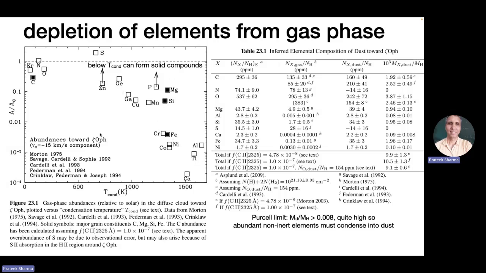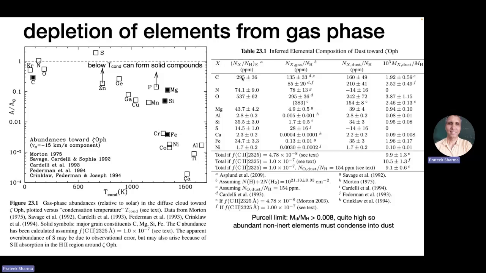So here is a table actually corresponding to the same observations. X is the element, NX by NH solar. So what is the abundance in parts per million in the sun from modeling the solar spectrum? So number of carbon divided by number of hydrogen atoms in the sun, times 10 to the minus 6.